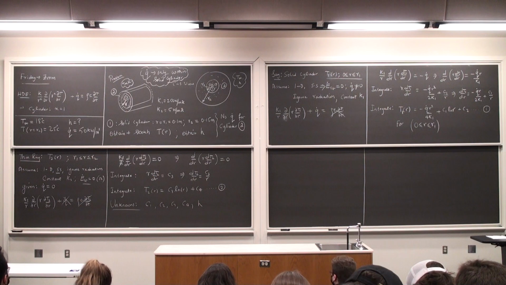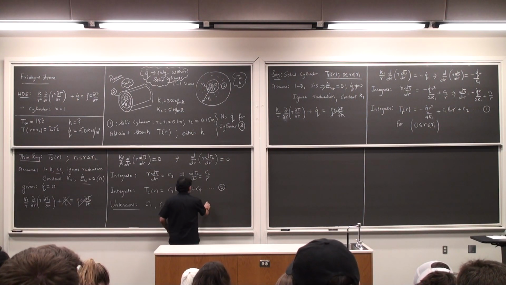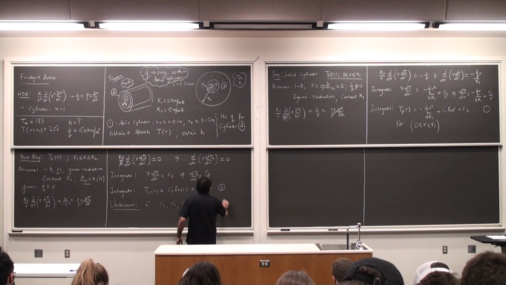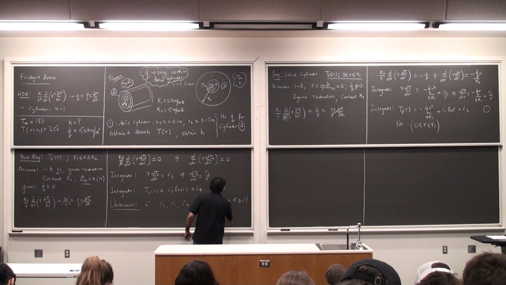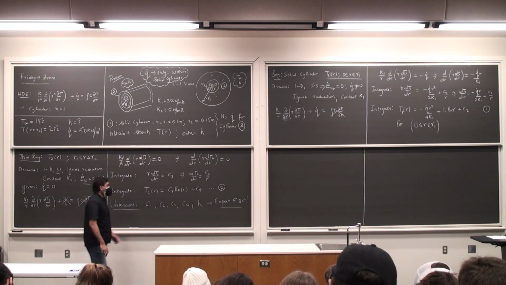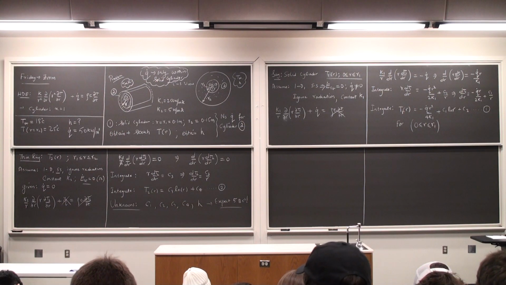I need 5 boundary conditions of some sort. So we expect 5 equations. I shouldn't say boundary conditions, but 5 equations.